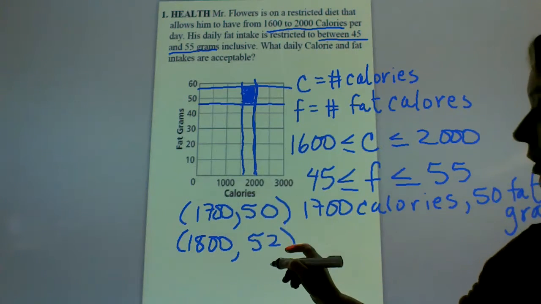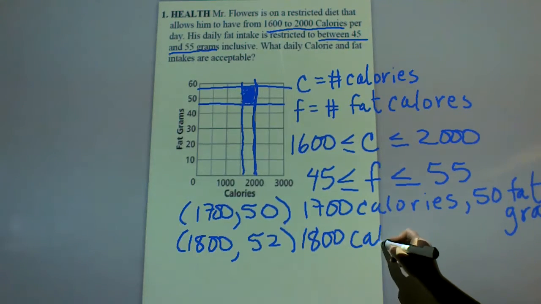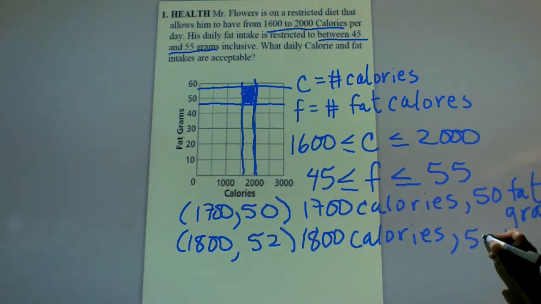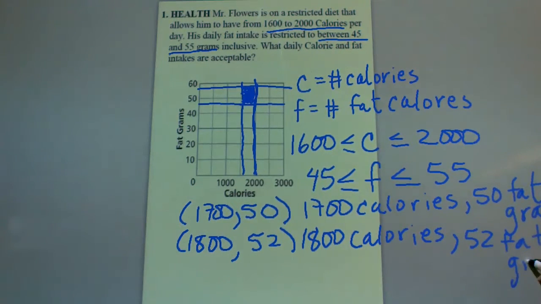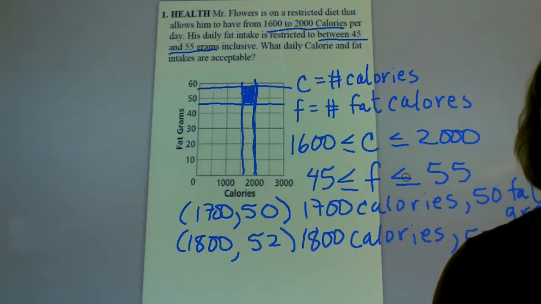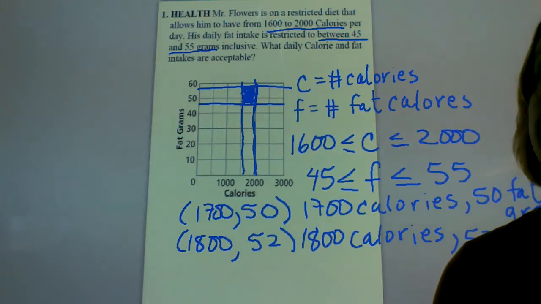And this one will be 1,800 calories and 52 fat grams. So this is an example of a problem where you have vertical and horizontal lines and between two values. Now let's look at one where you're going to have a line with a slope, an inequality with slope.